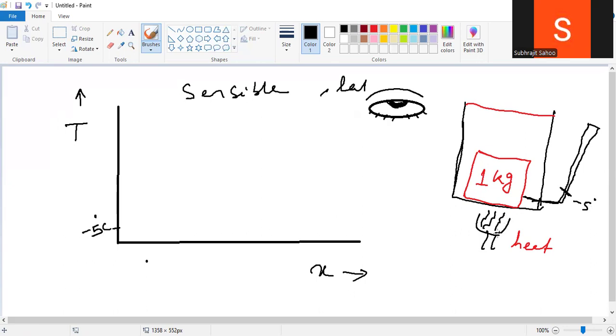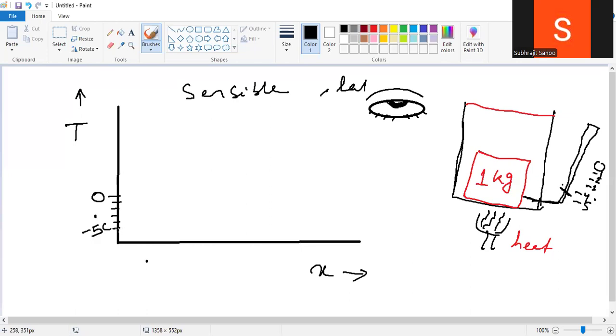Now heat supply started, and I will not stop the heat supply. Continuously it will be supplied. What will happen? Observe. Slowly the temperature will be rising: minus 5, minus 4, minus 3, minus 2, minus 1, then 0.